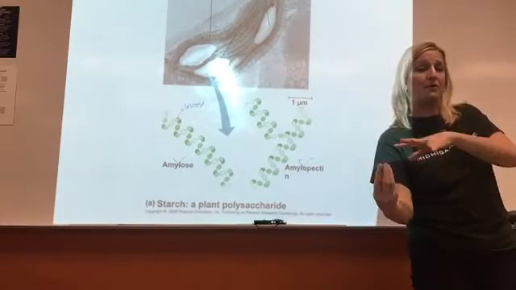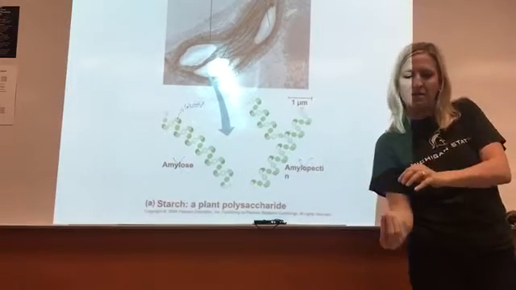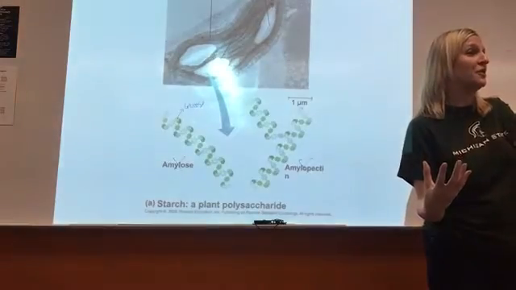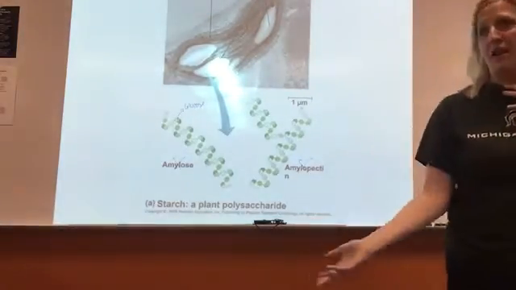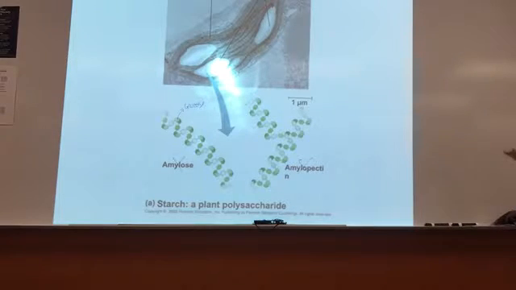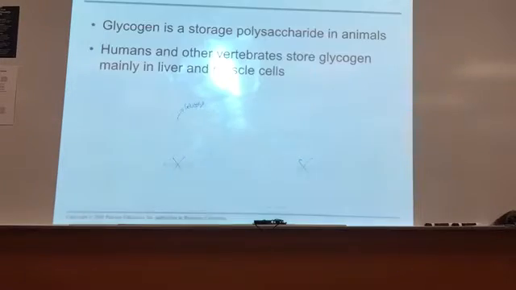Sometimes they'll come up and never even reach the ground surface. If you dig them up, you'll see that they have started to grow, but then never reached the ground, and that's because they may have run out of energy. So that's an example of plants storing their excess energy as starch.